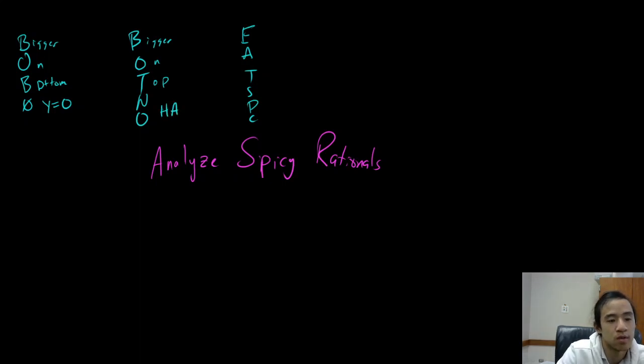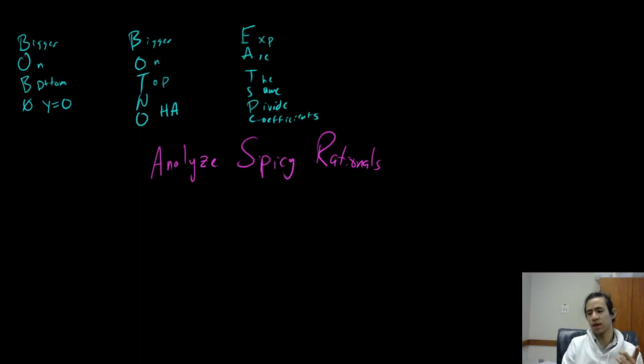If the exponents are the same, then you divide the coefficients. So that's how you find the horizontal asymptote. For the vertical asymptote, you need to set the denominator equal to 0.